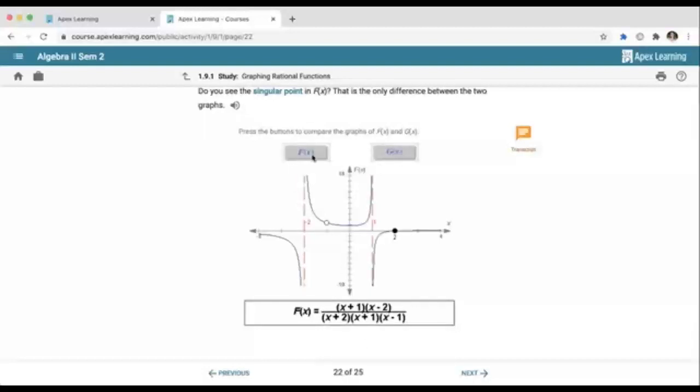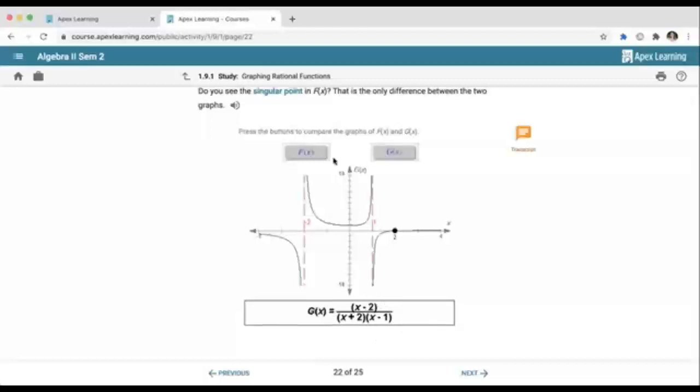Well, even though they're simplified and they look the same, the reason is because f of x originally started out with this x plus 1 on top and on bottom, and so we can't just ignore that. Even though our simplified version looks like g of x, we still know that there is a hole and a vertical asymptote there. In g of x, since this was the original expression, there was no vertical asymptote, no 0 point, no hole.